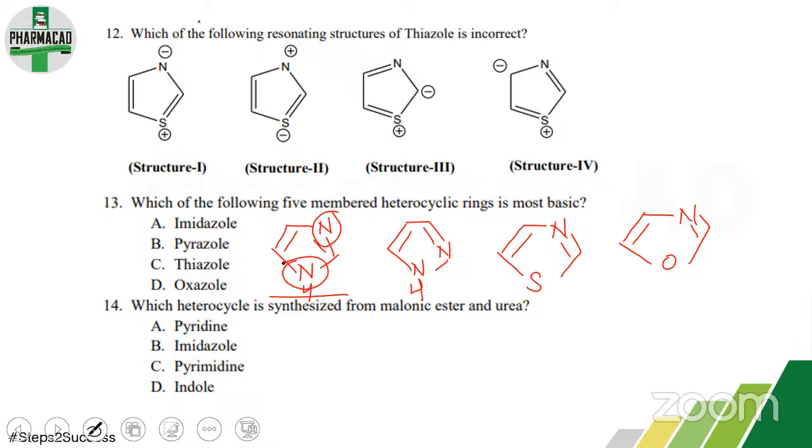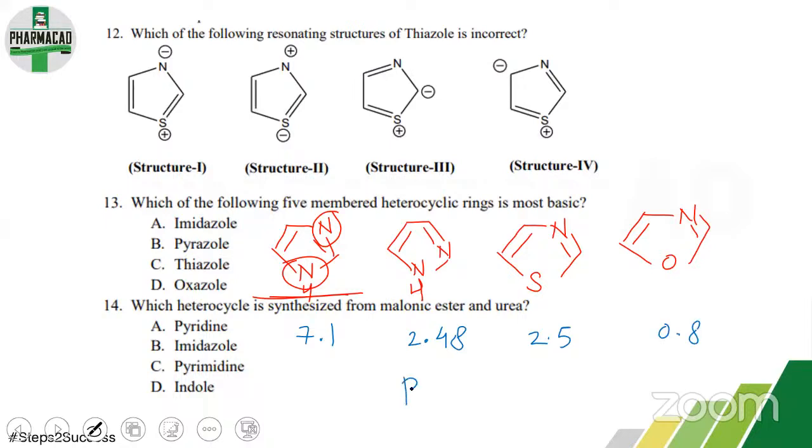Okay, that's why the basicity of this imidazole is highest as compared to the others. Another thing, the pKa value of this imidazole is around 7.1, whereas pyrazole is around 2.48, thiazole is around 2.5, and oxazole is 0.8.